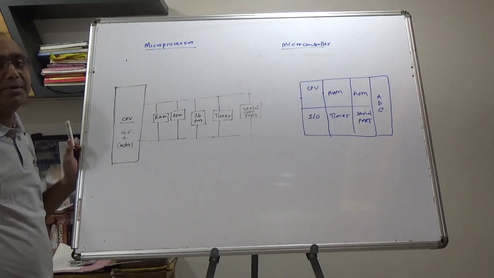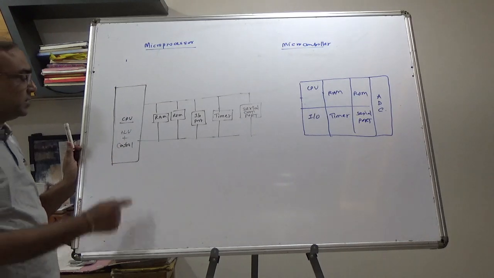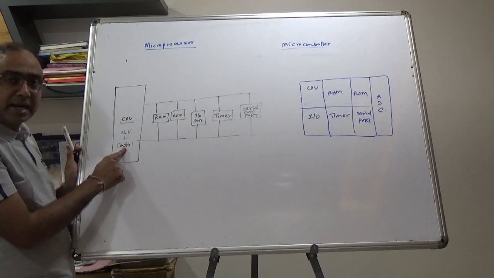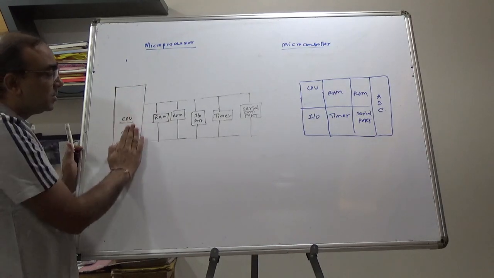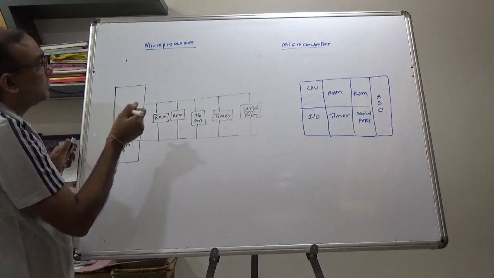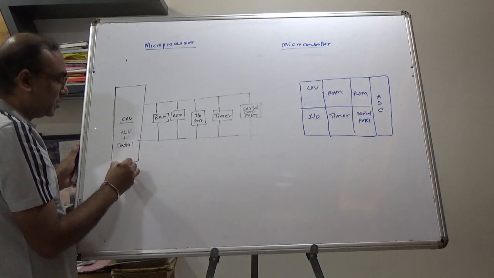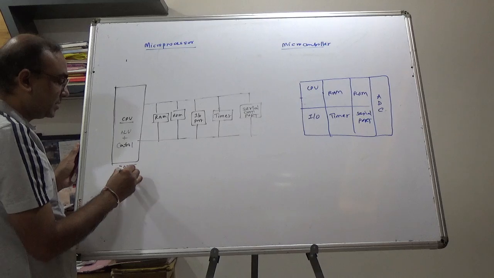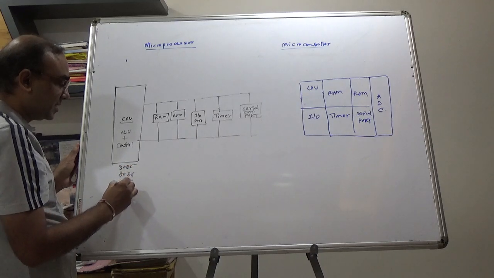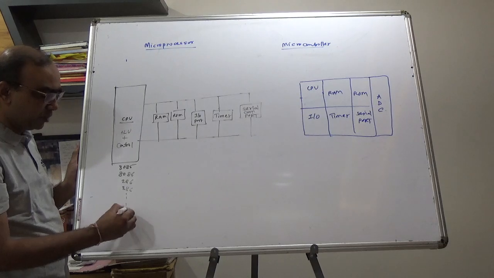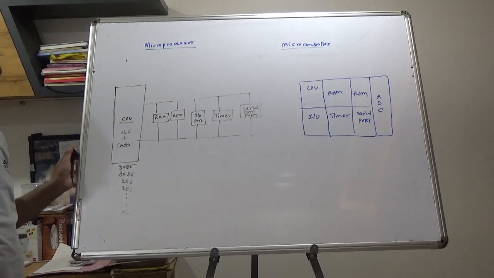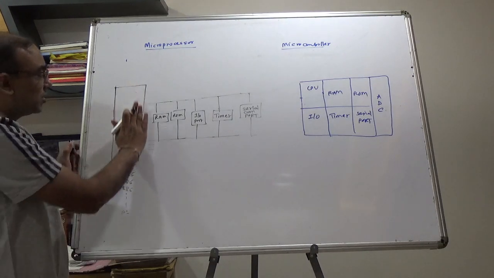For example, you have an add instruction, so the control unit can understand that add instruction and ask the ALU to perform the addition. So this is one chip. For example, in older days we had 8085, 8086, 286, 386. This is the Intel series I am just discussing, P1, P2, P3, P4, then i-core, i1, i2 and so on. So this is one chip.